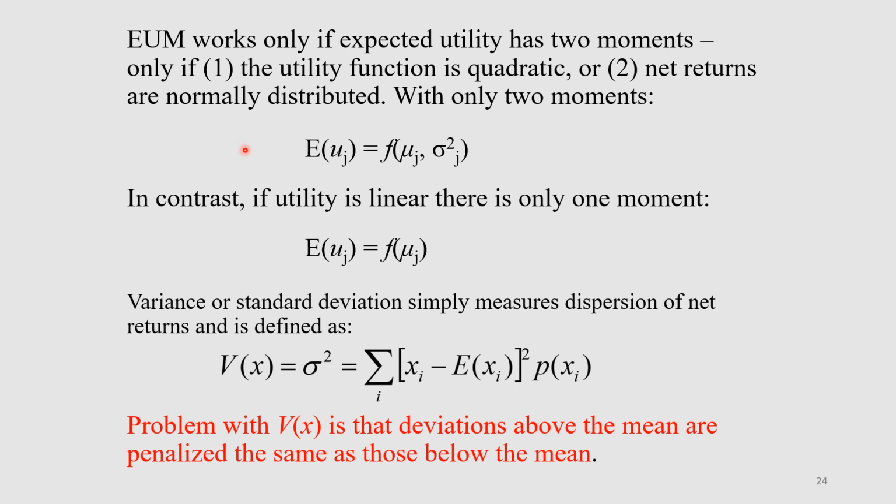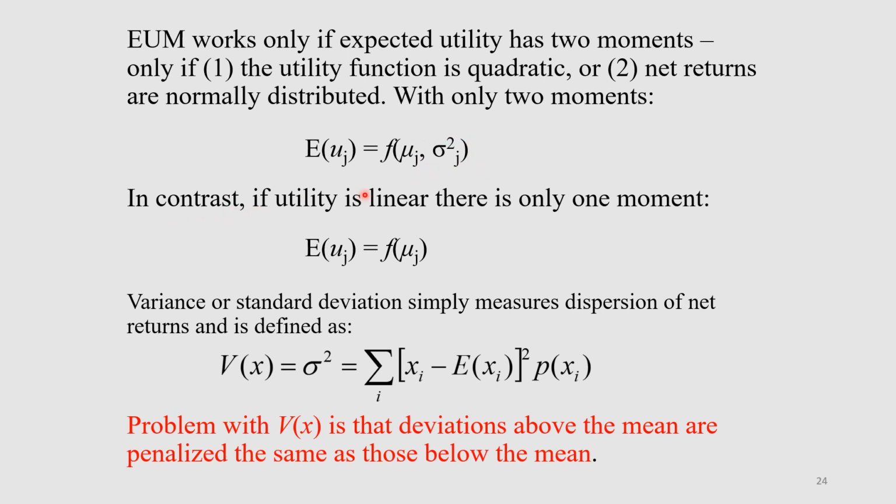Expected utility maximization works only if expected utility has two moments. In other words, we can't have skewness or kurtosis. That is only if the utility function is quadratic or net returns are normally distributed. With only two moments, the expected utility of J is a function of the mean of the J's and the variance of each of these J's.